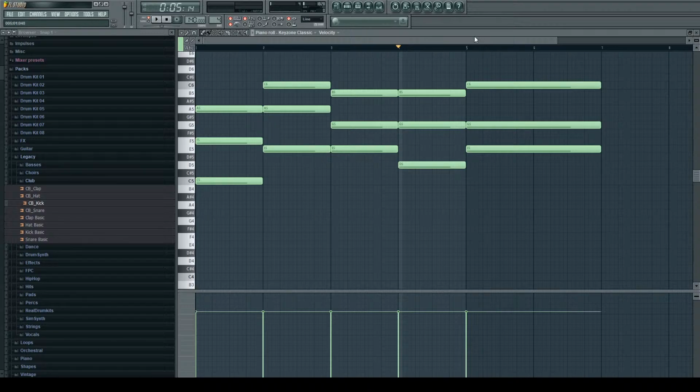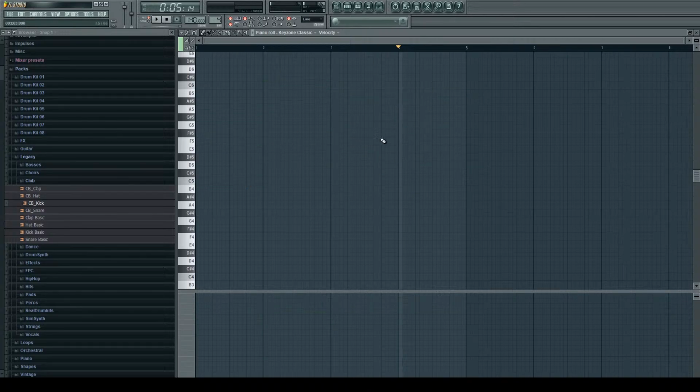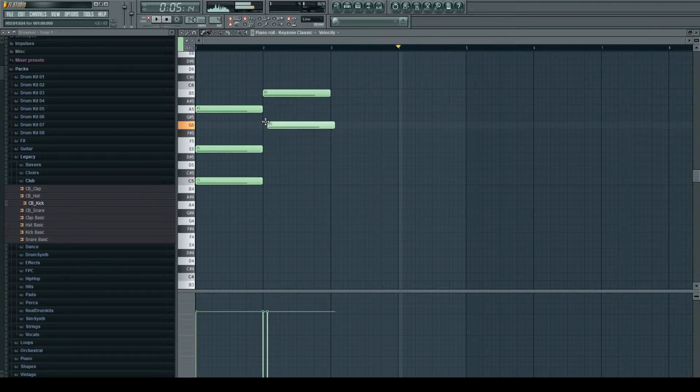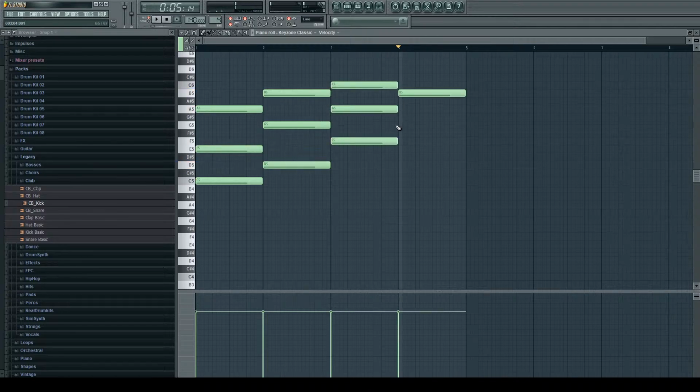Another function, by the way, of a dominant 7. Let's say you use a C major 7. Let's make a basic chord progression. Let's say A minor. I've got to put a C in here somewhere.